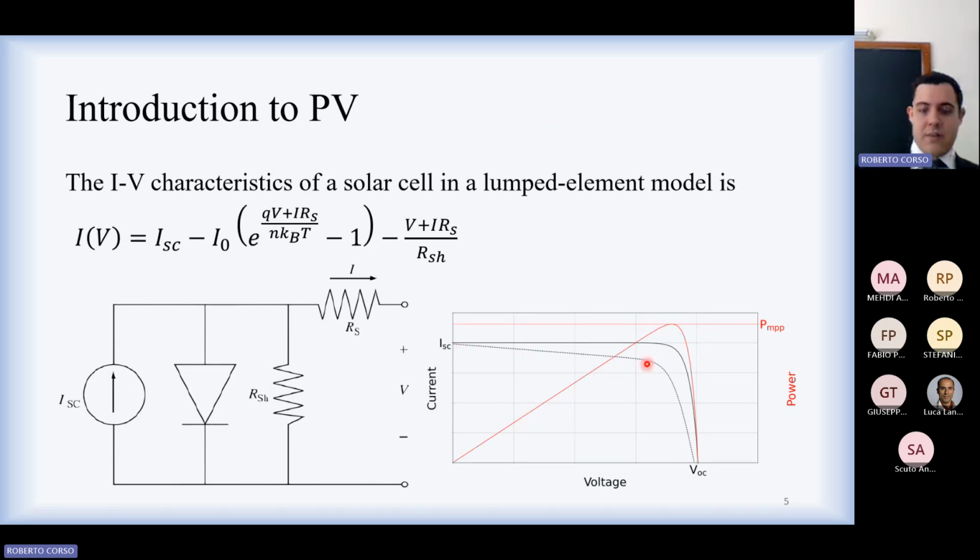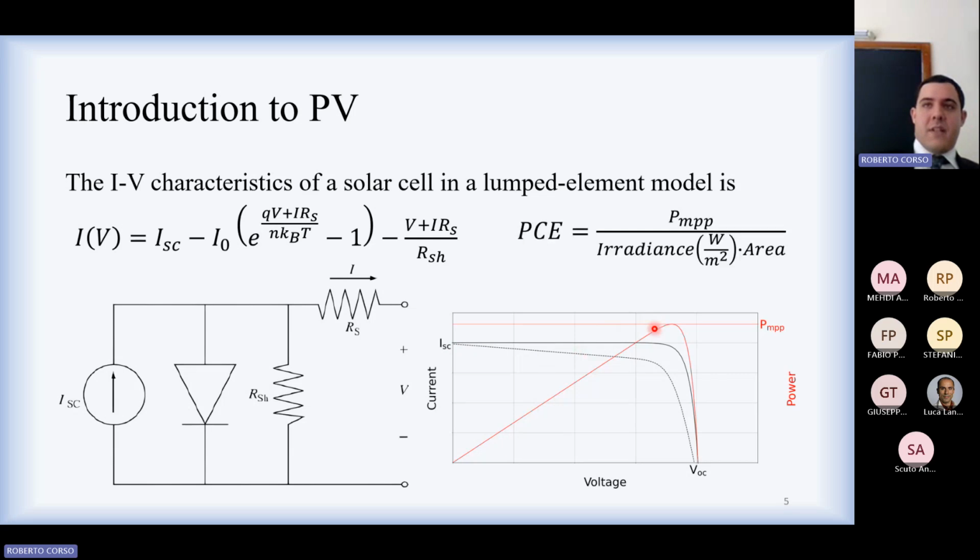Here I have also added a dashed line, and this represents the same equation, including the effect of the shunt and series resistance. In fact, usually the series resistance can be estimated by the inverse of the slope in this region, while the value of the shunt resistance can be estimated by the inverse of the slope in this region.